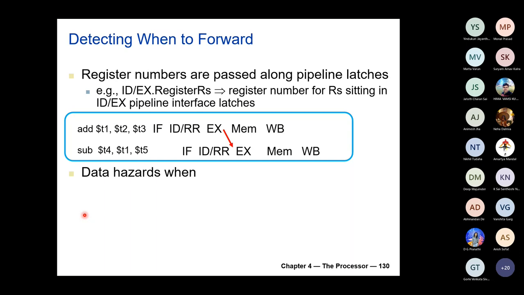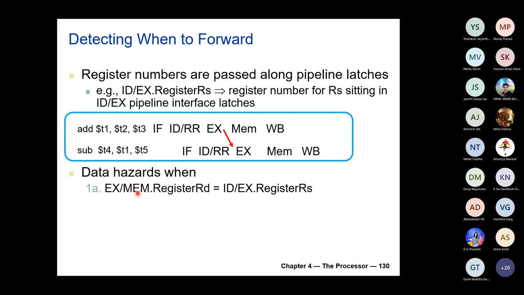So when do I recognize the data hazard? Suppose this instruction has already entered the pipeline, and this one is currently in the ID stage; execute is over for the first, and its information is stored in this interface latch between EX and MEM.